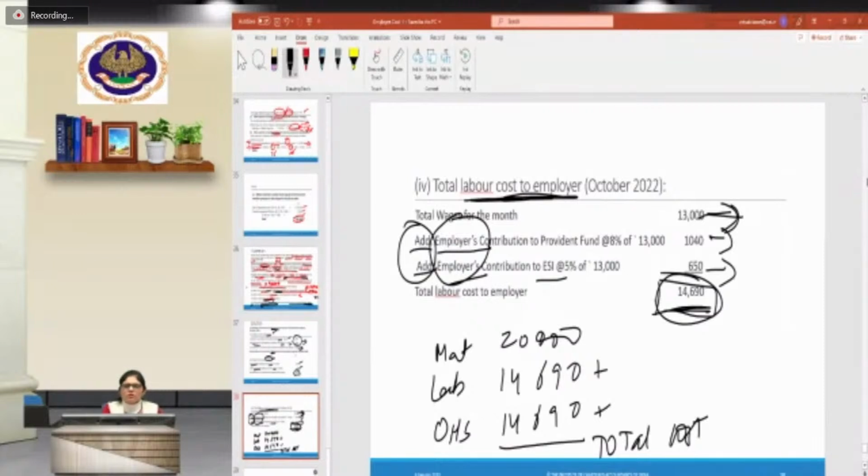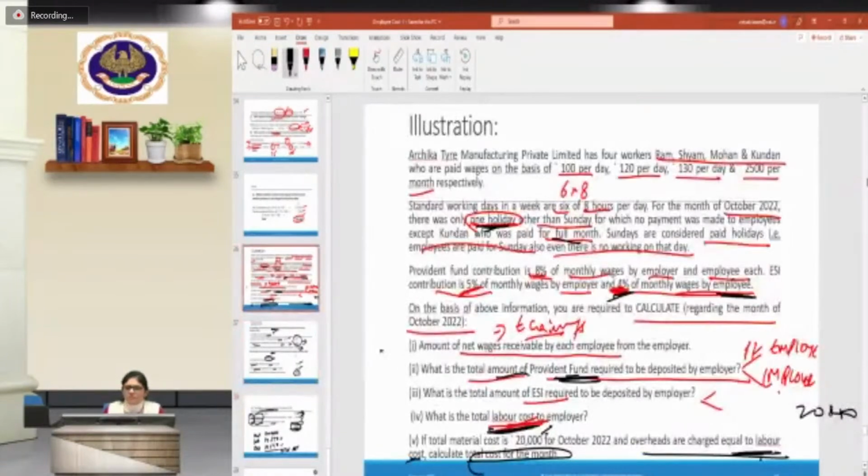So this is a good comprehensive question where you have the earnings also, you have the labor cost also, you have the PF contribution also, you have the ESI contribution also. So that is all for this session. If you just have to have the final look of this question, we have calculated the earnings, provident fund contribution, ESI, the total labor cost, and the total cost for the month.